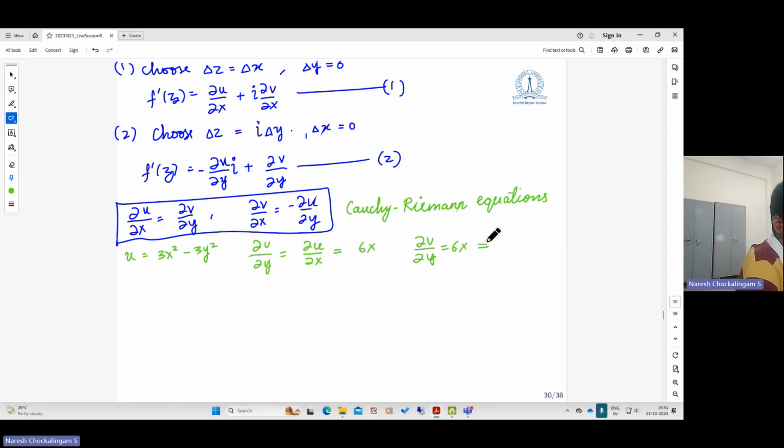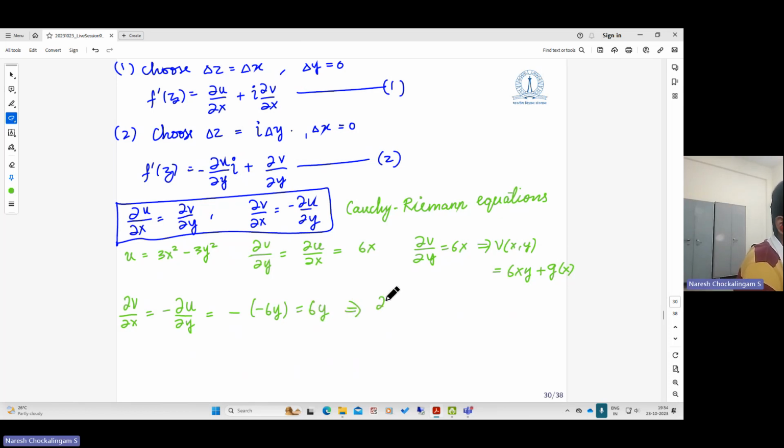So integrate once, you get v of x comma y is 6xy. The integration is with respect to y, so you have some function g of x. And we know that partial v with respect to x is minus partial u with respect to y, which is minus of minus 6y, which is 6y.